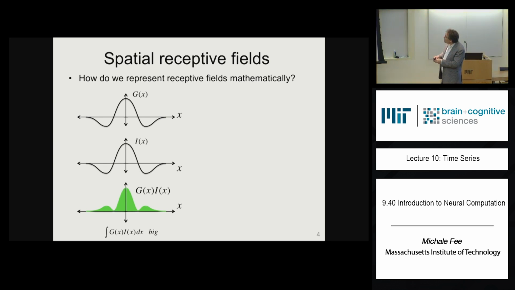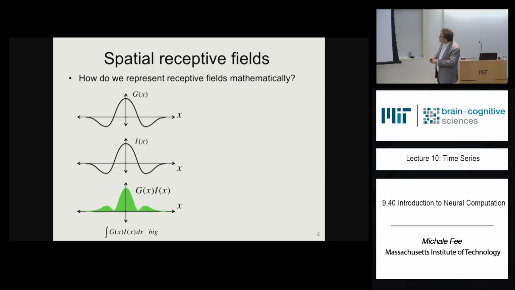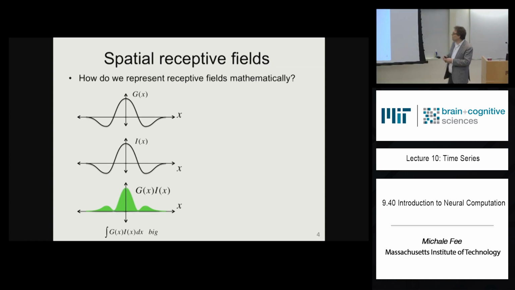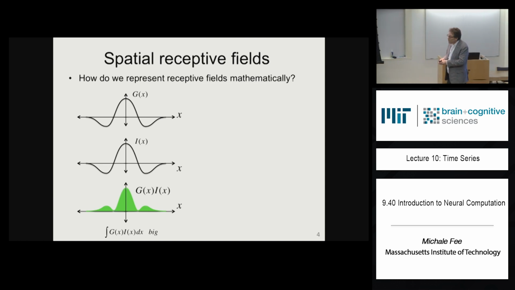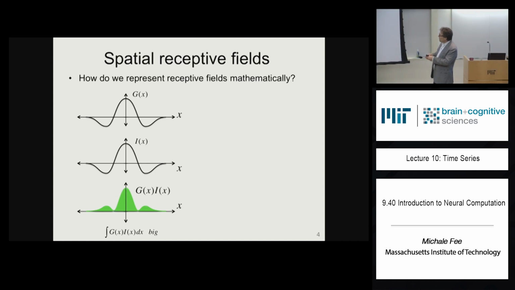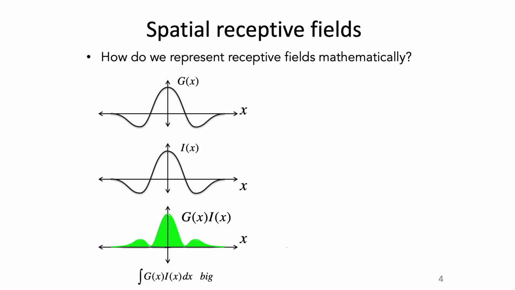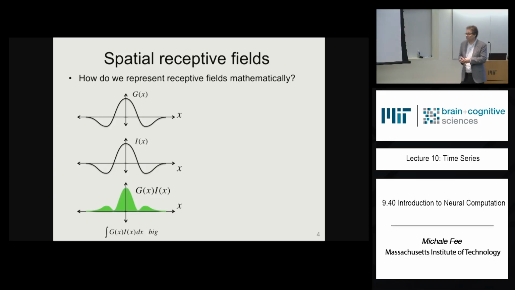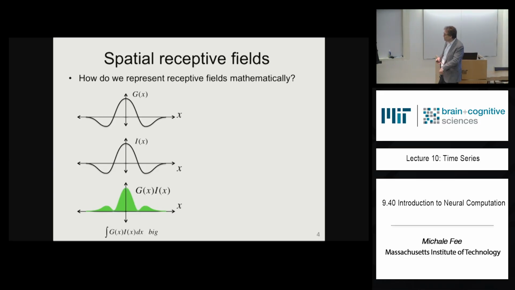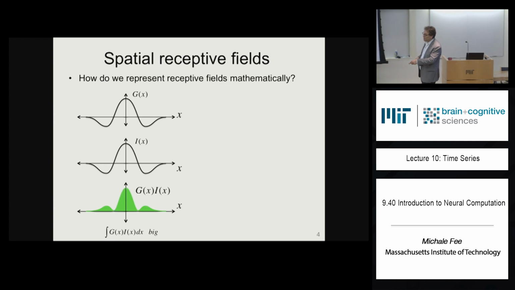A negative component of the receptive field multiplied by a negative component of the intensity also gives you a positive contribution to the response. So even though the receptive field has positive and negative parts, so does the intensity function. When you multiply those together, you get a positive contribution to the response of the neuron everywhere. And so when you integrate that, you get a big response.